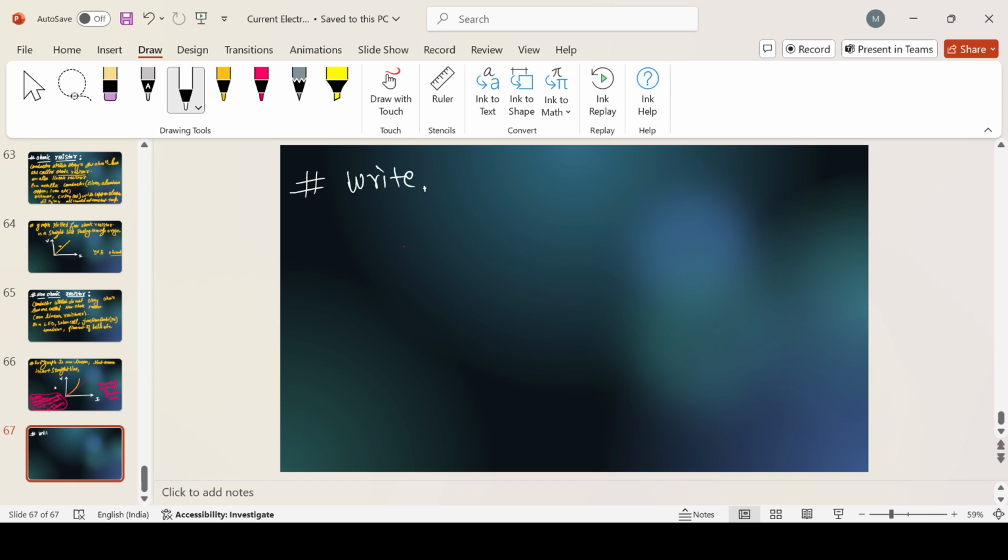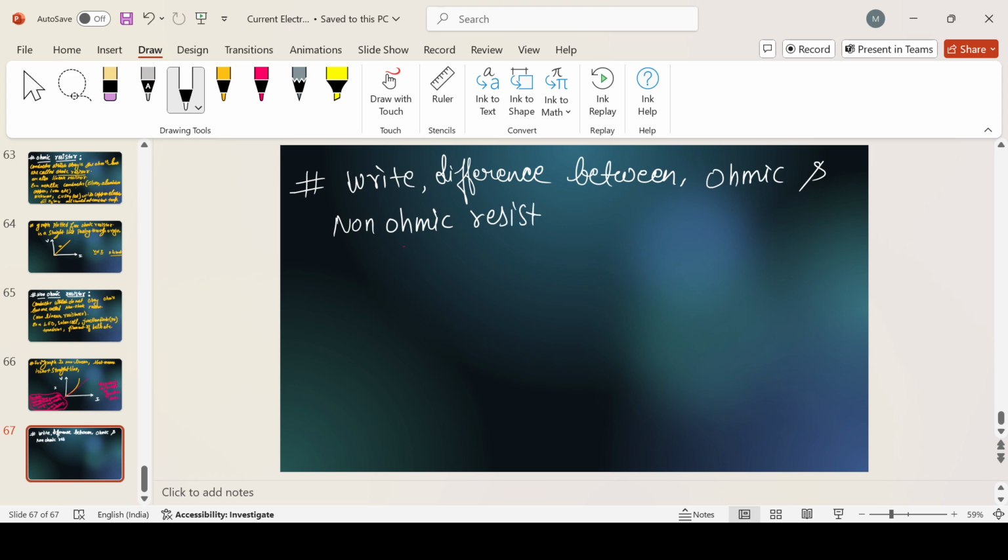Write the difference between ohmic and non-ohmic resistor, with examples. Can you all do this? This I want till tomorrow. ठीक है? Okay, sir. ठीक है?